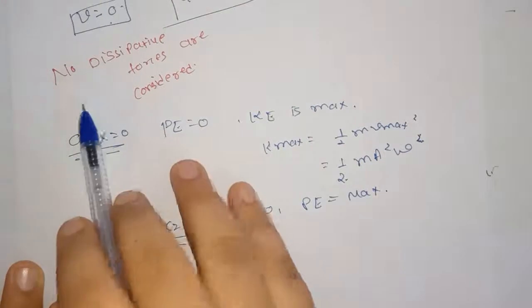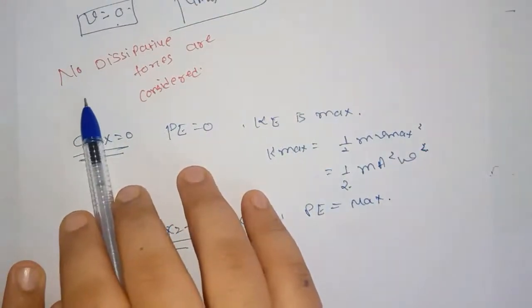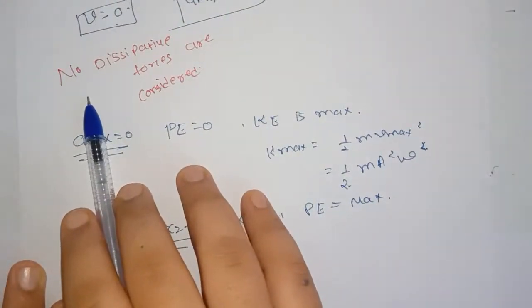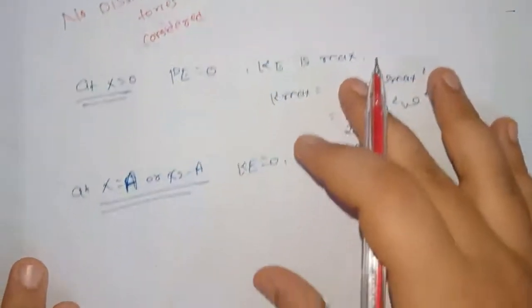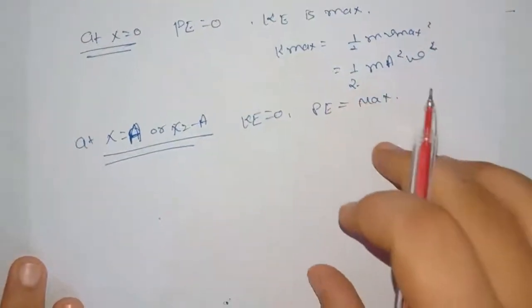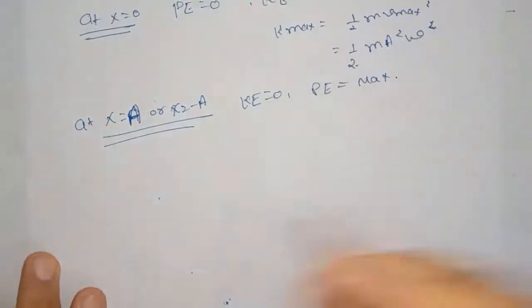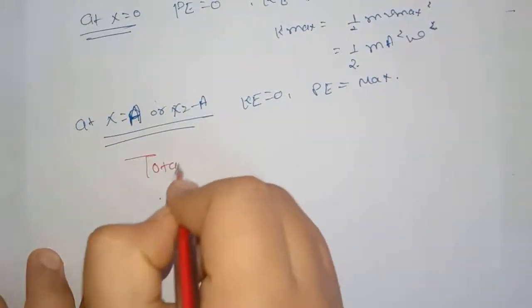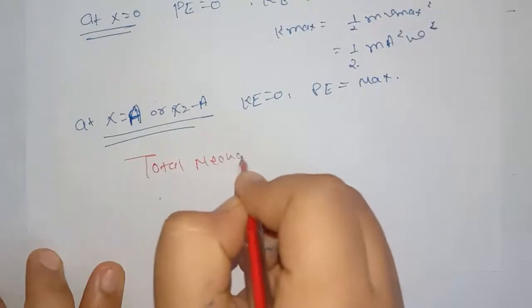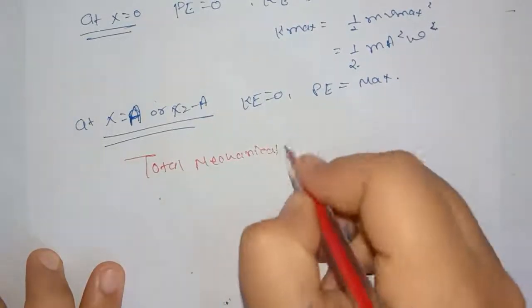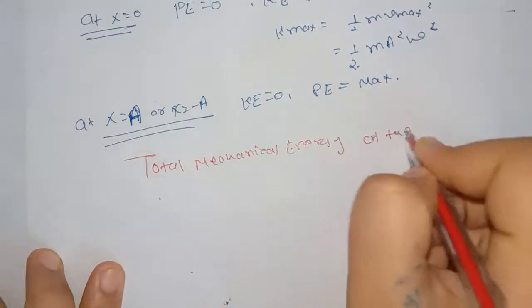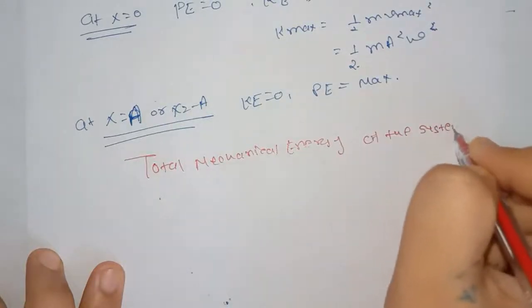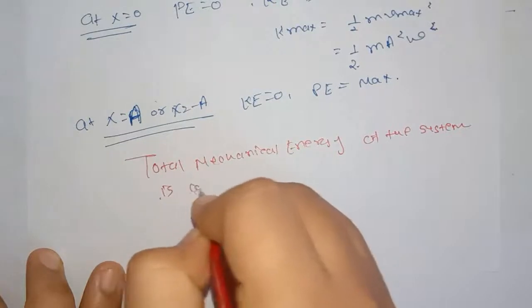Now, as we have not considered any dissipative forces, the total mechanical energy, there is no external force acting on the system, so total mechanical energy of the system is conserved.